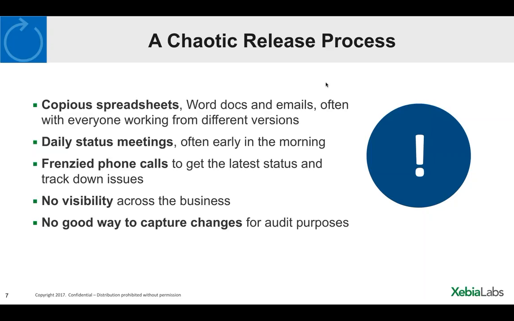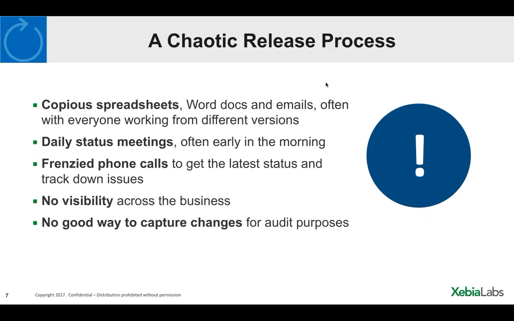Well, they end up with these kind of highly disjointed efforts to pull that all together. I think we're probably all familiar with a lot of these stages here. Talk to fairly sophisticated organizations who've managed to automate deployment or provisioning, and yet it's not uncommon to still have some sort of spreadsheets and emails, people saying, hey, where are we with this release?